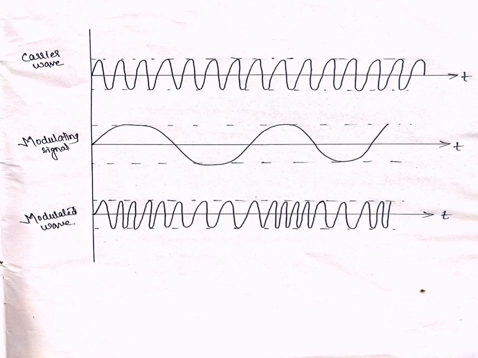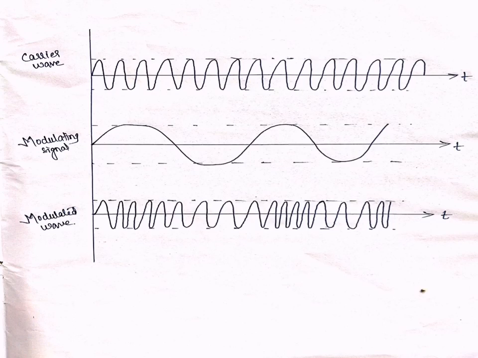Okay, so what are the changes in your modulated wave? Let us see. During the positive half cycle of your modulating signal, the frequency is actually increasing, right? When your modulating signal is increasing, the frequency of the carrier wave is increasing.